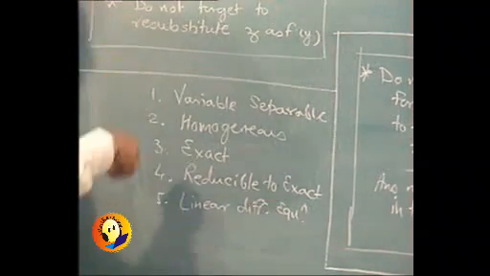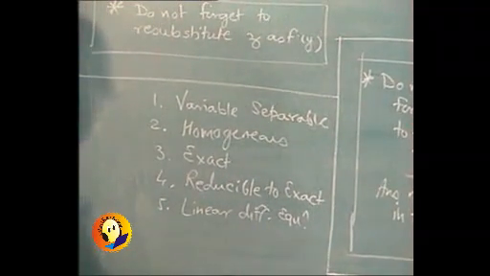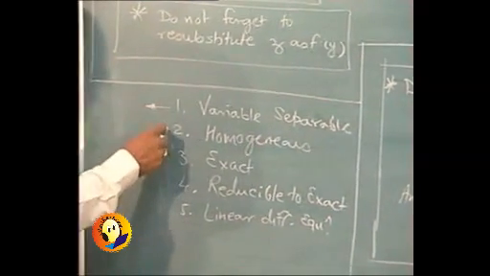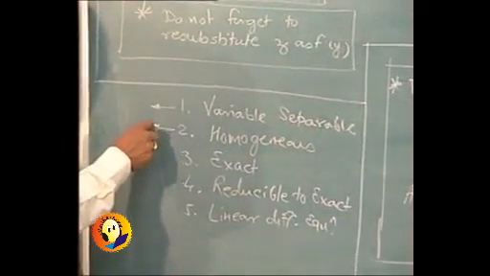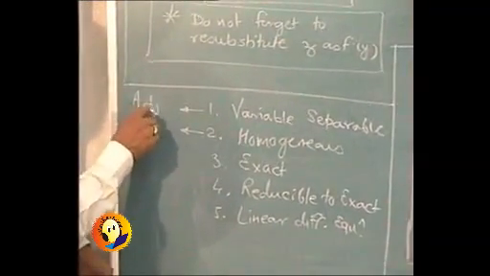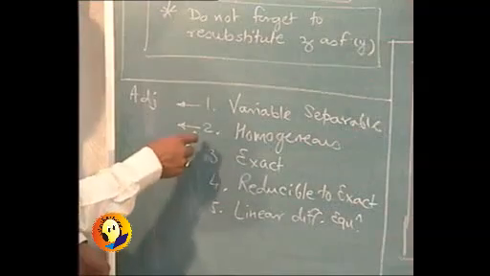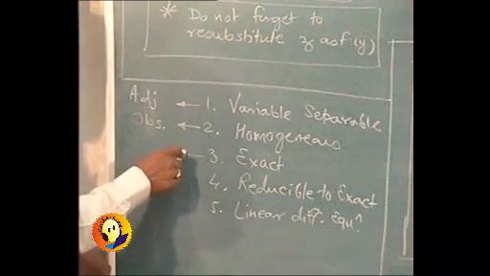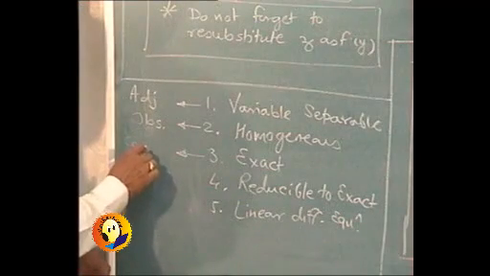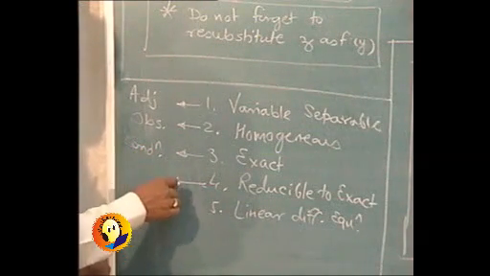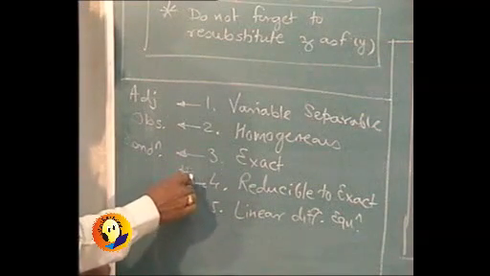Remember these formulae, because variable separable was a unique method, an adjustment type of method, homogeneous is through observation, exact is condition based, whereas reducible to exact was in a way trial.